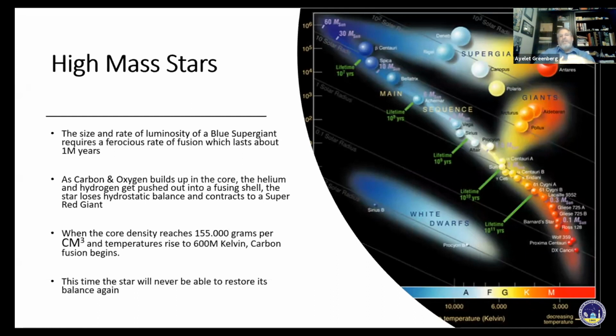When the core density of the carbon oxygen core reaches 155 grams per cubic centimeter, which is 155,000 times more dense than water, and 600 million Kelvin, now we reach the conditions that carbon fusion can begin, and now we're producing a situation where the star will never regain its balance.